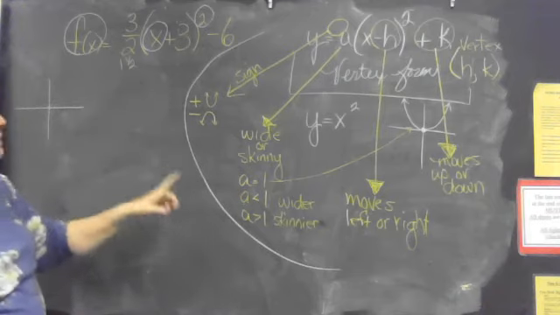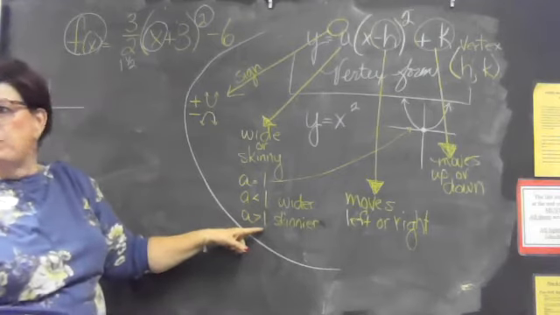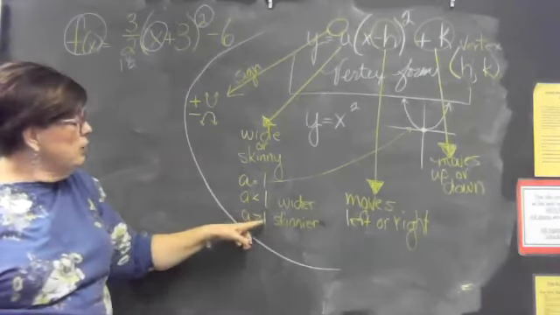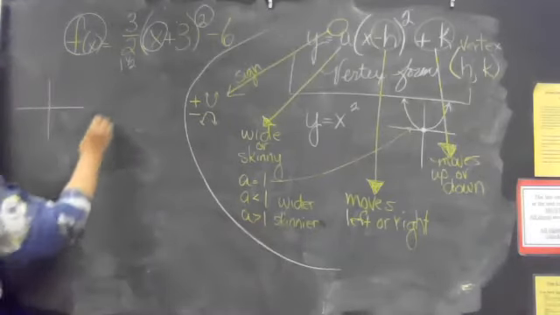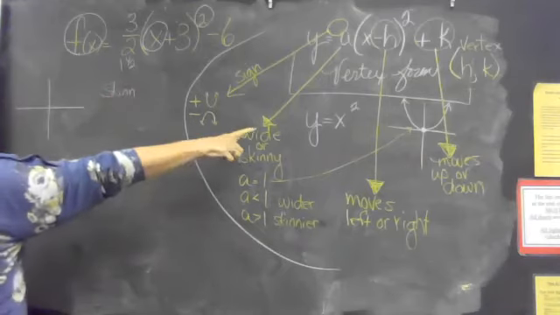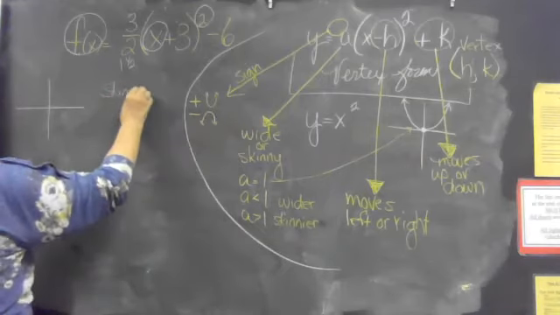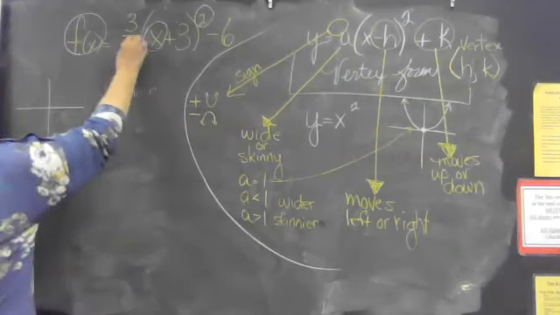Okay, so it's larger. If it's larger than 1, this seems backwards too. If it's bigger than 1, it's going to be skinnier. Okay, so the first thing we're going to write is we know it's going to be skinnier than the normal. Okay, so we've taken care of this piece.